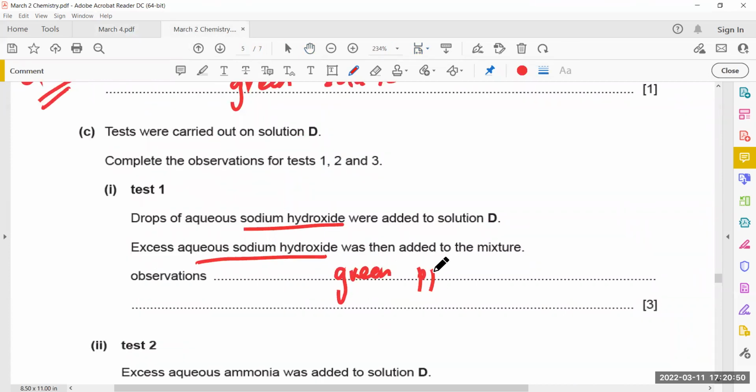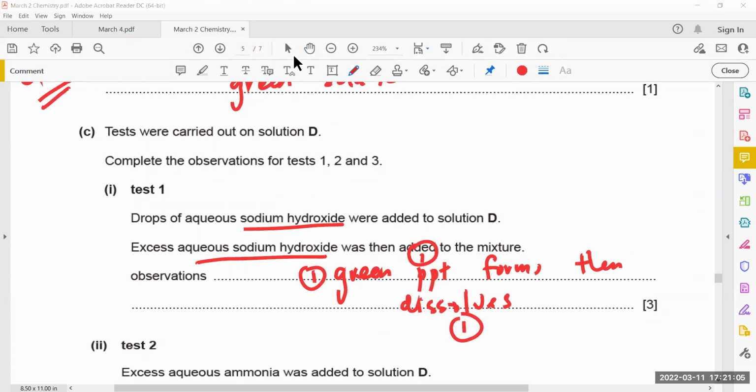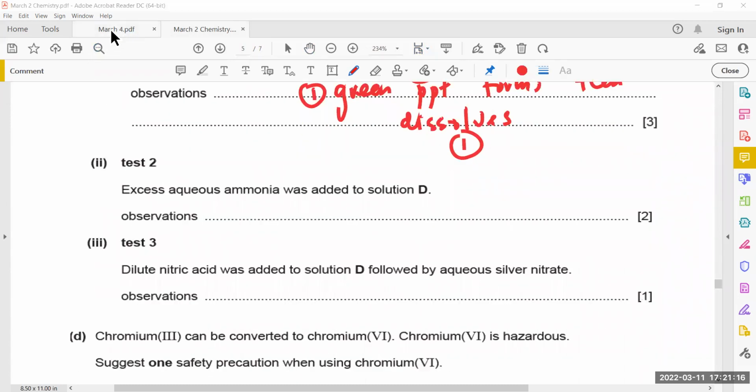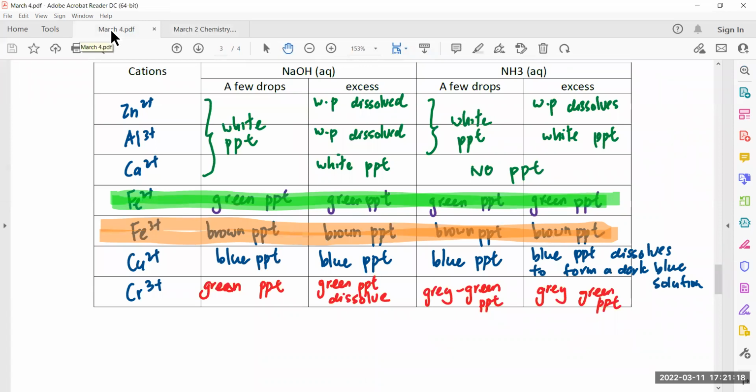Test 2, aqueous ammonia added to solution: gray-green precipitate.